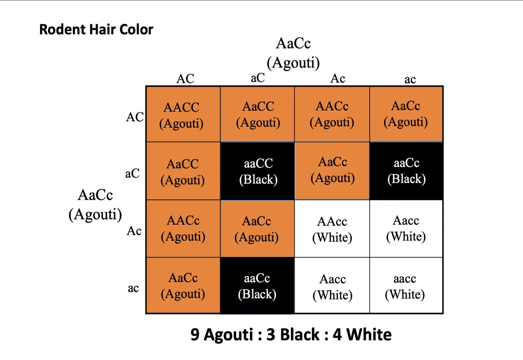So if you have either a CC dominant, the large C, or you have a large C, little c, then the coloration is turned on. Whereas if you have a double C recessive mutant, coloration isn't turned on at all. So then you can see you have the 9 agouti, the 3 black, because of the recessive A alleles, and the 4 white, because of the recessive C alleles.